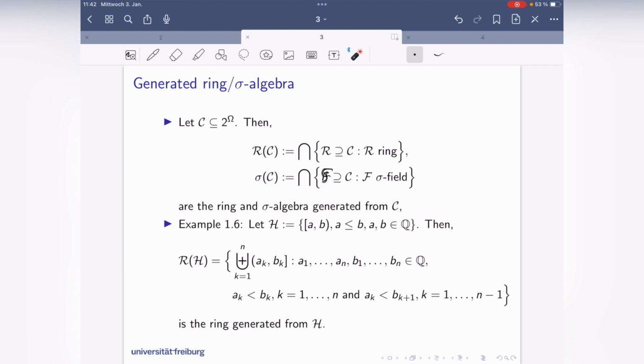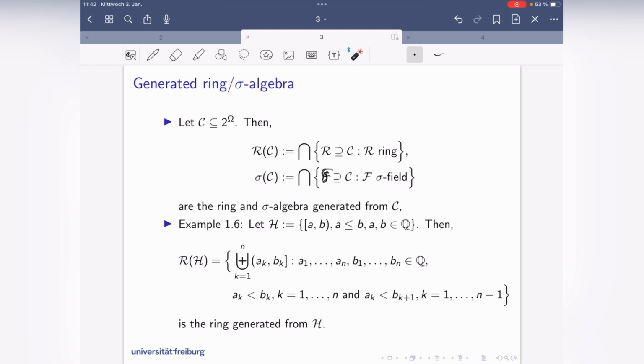I can intersect all sigma fields which are bigger than C. In an exercise, you will prove that the intersection of rings is a ring and the intersection of sigma algebras is a sigma algebra, which means that the right-hand side here is a ring and the right-hand side here is a sigma field, so I really have found a ring here and a sigma field here.